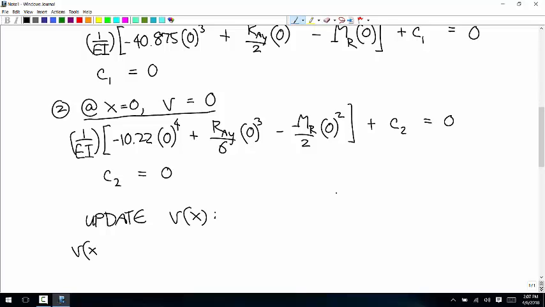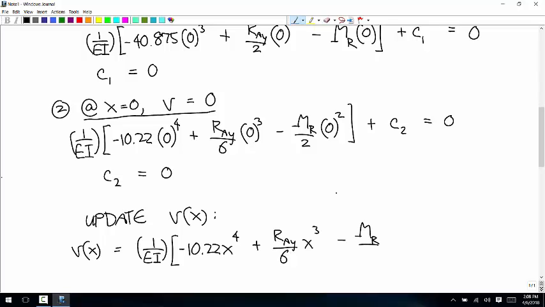So the deflection as a function of x is equal to 1 over EI times the quantity negative 10.22 x to the fourth plus RAY over 6 times x cubed minus MR over 2 times x squared.